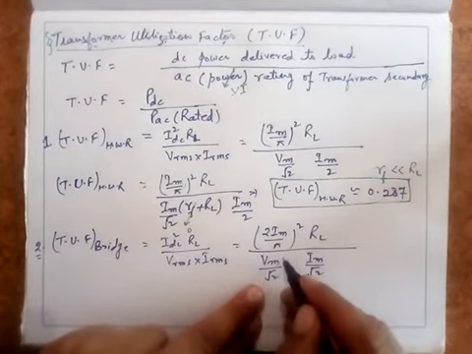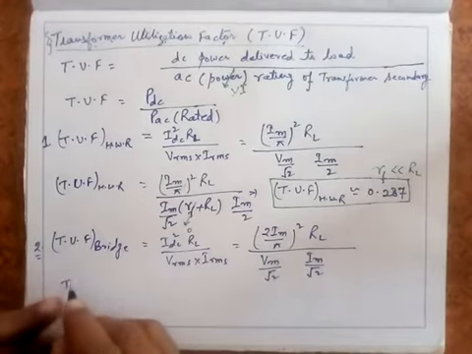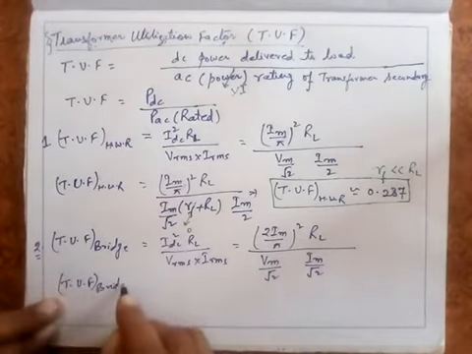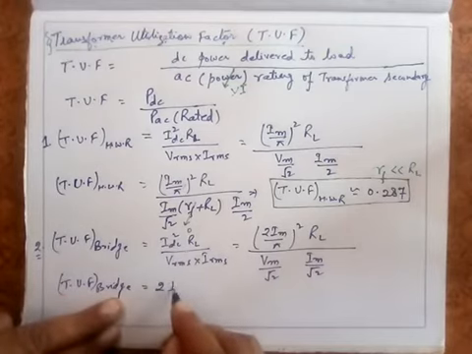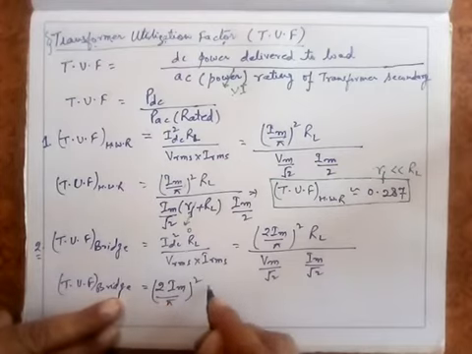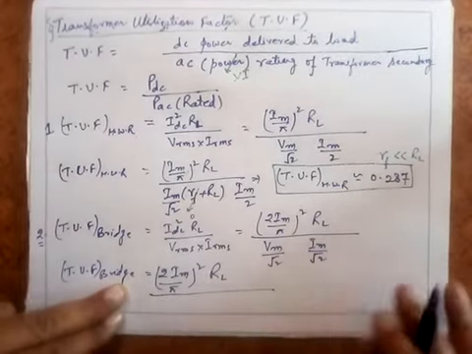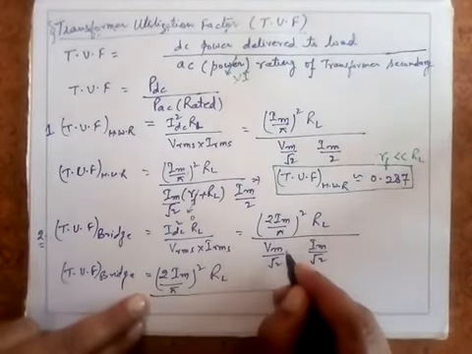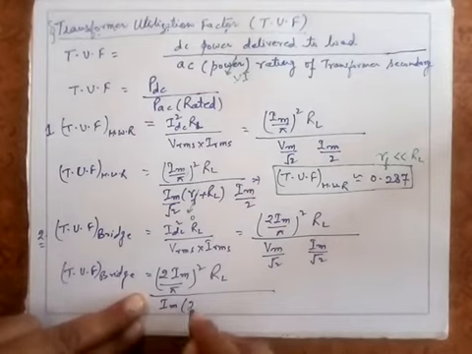Now again I substitute Vm. For the TUF of a bridge rectifier, I substitute twice Im by pi whole square into RL upon the value of Vm, which is again Im into 2Rf plus RL.